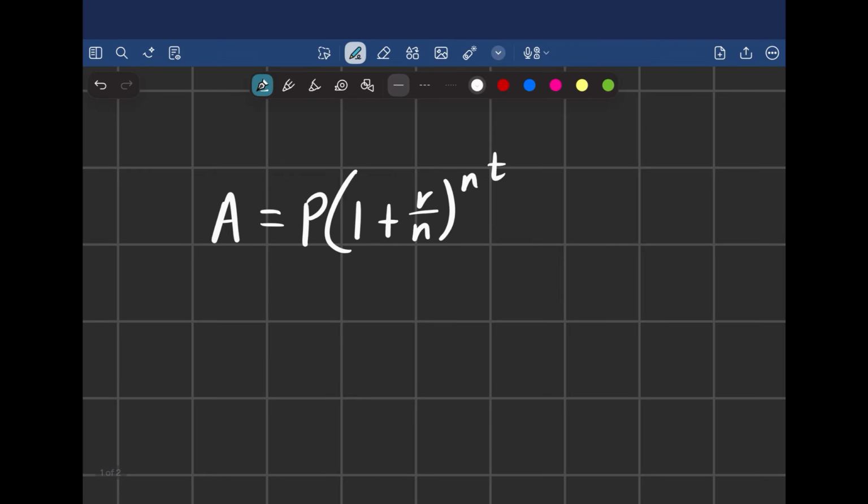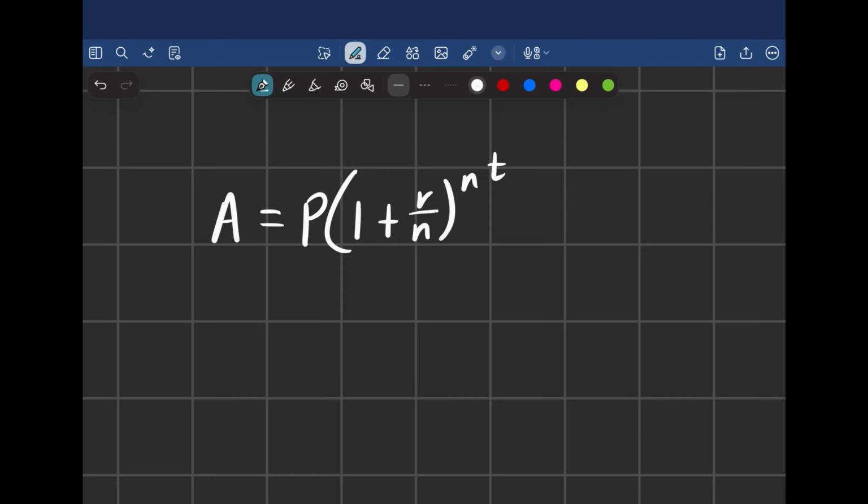Now, if we take a look at this, we have A as the amount after compounding. We have P, which is the principal value. That's going to be the first number that you start with. We have R, which would be the rate, and this will be like your 5%, 10%, 15%, all that.